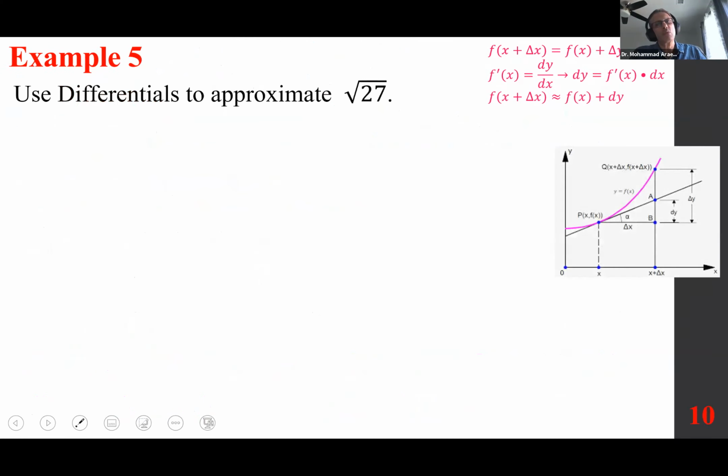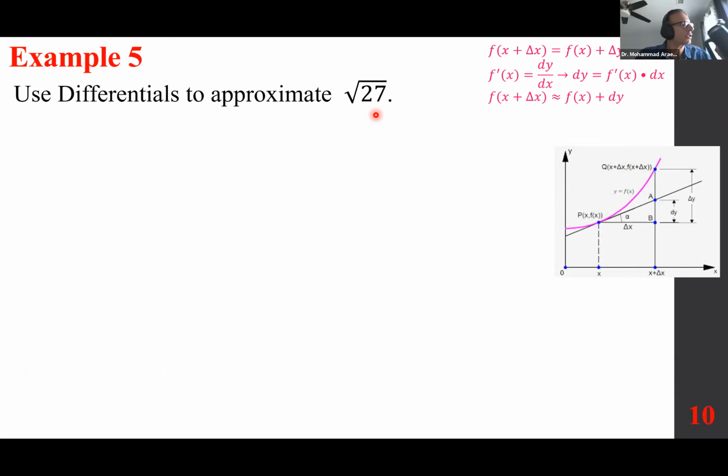Here's the next question. We want to repeat the same concept. This time we want to take the square root of 27. And again, we need two things. We need a function, and we need a number closest to 27 that we can easily take a root of. Can you come up with a function and a number?